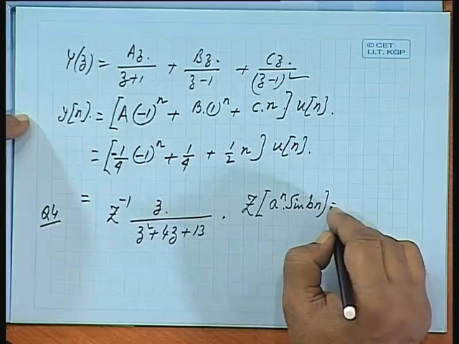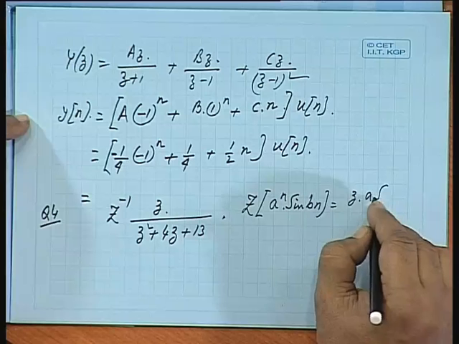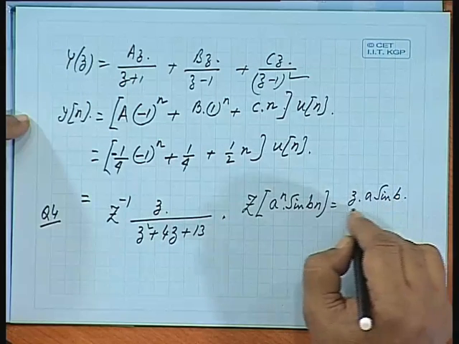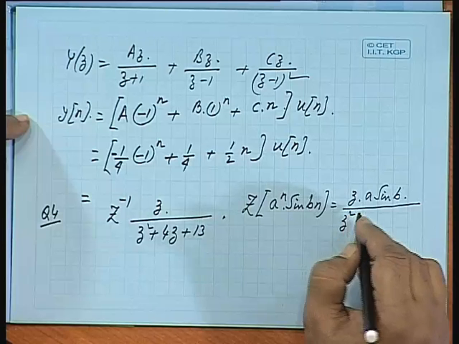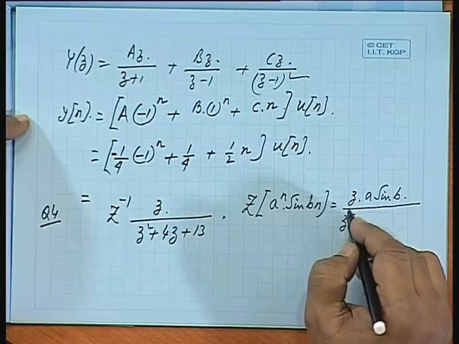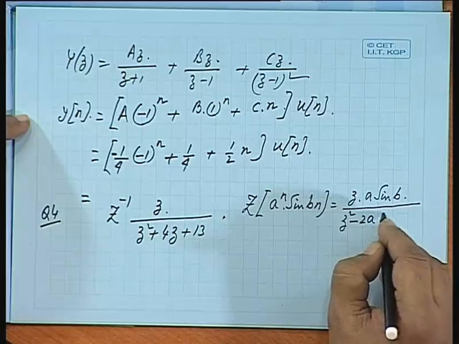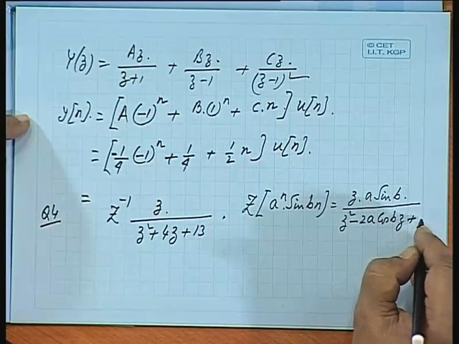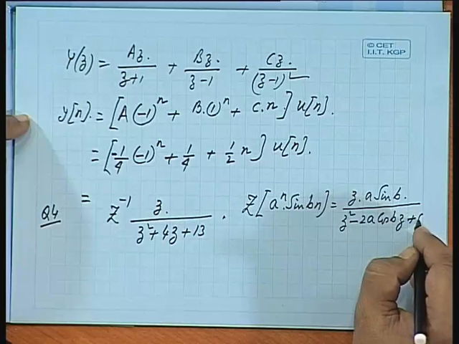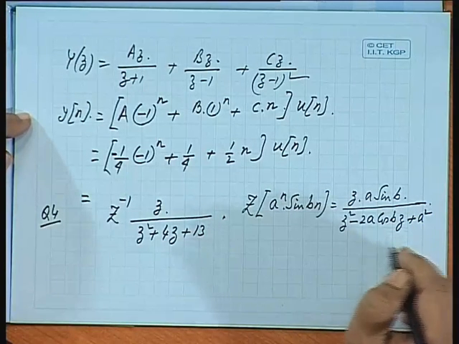How much is that? Z a sin b divided by z square minus 2a cosine b into z plus a squared, if you remember.